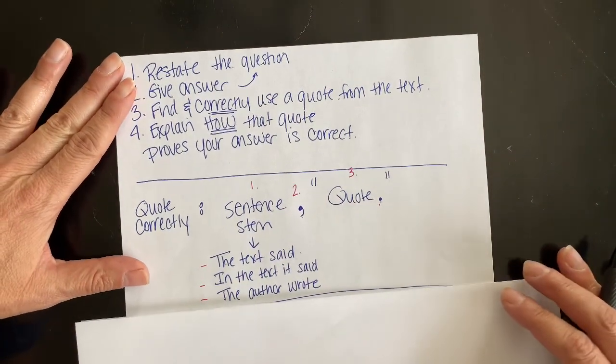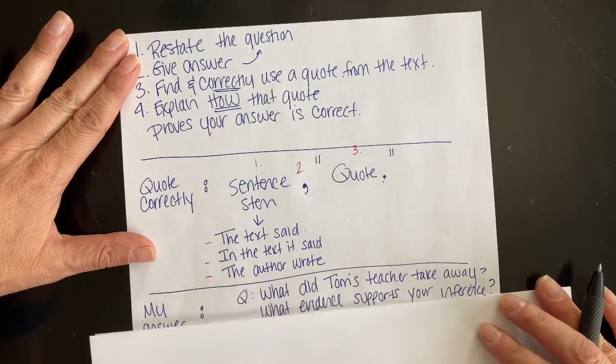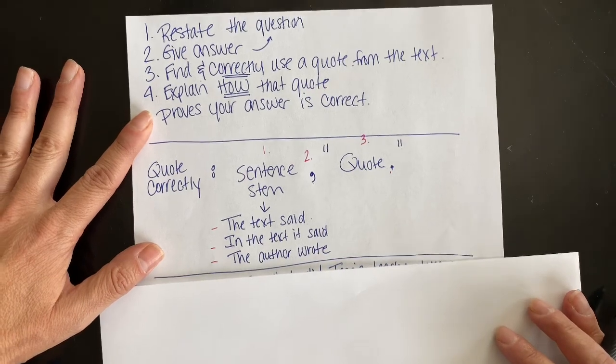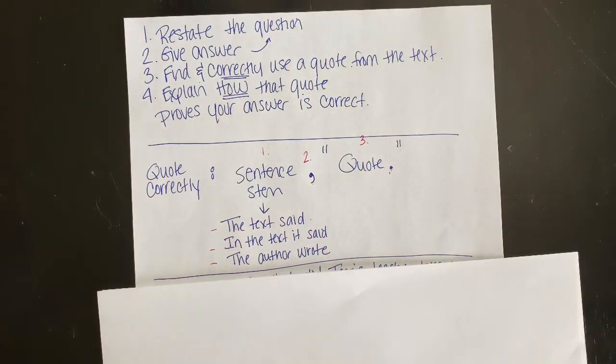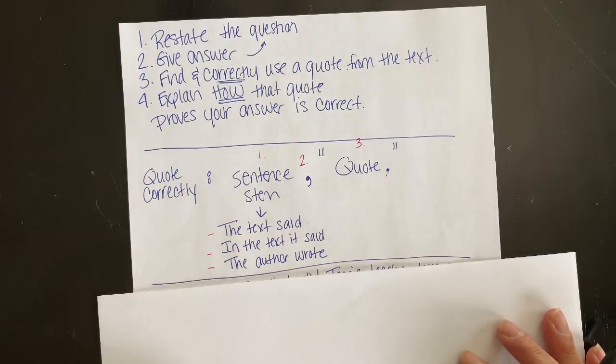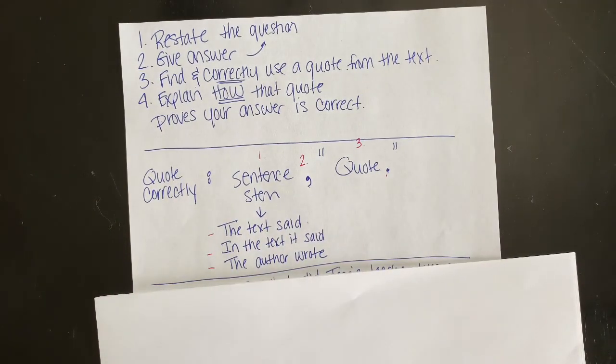All right, so let's put this all together. Last Friday, you took an inference quiz where you read a short passage about Tom, and how Tom was upset that his teacher had taken away this item, and you had to make an inference. What did you think the item was?